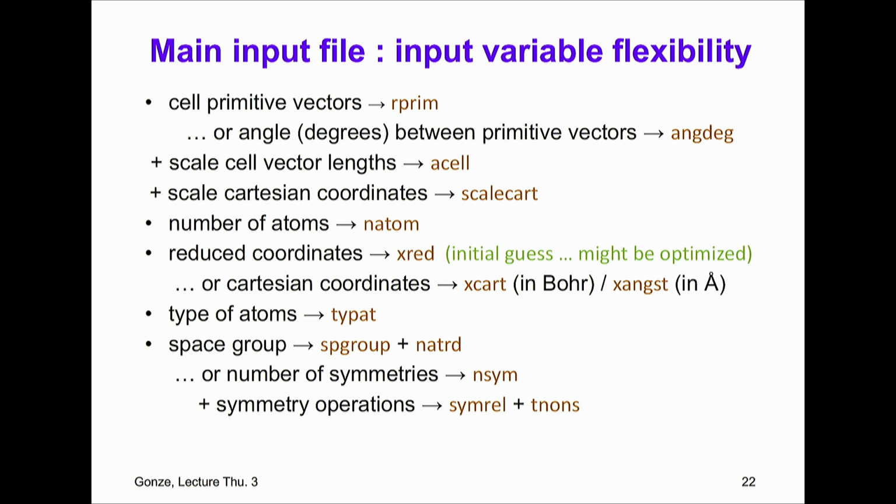We could specify the space group plus the number of atoms in the irreducible part of the zone. ABINIT will reconstruct the full set of atoms, or on the contrary, we might give the full set of atoms, and ABINIT will deduce the number of symmetries and the symmetry operations.